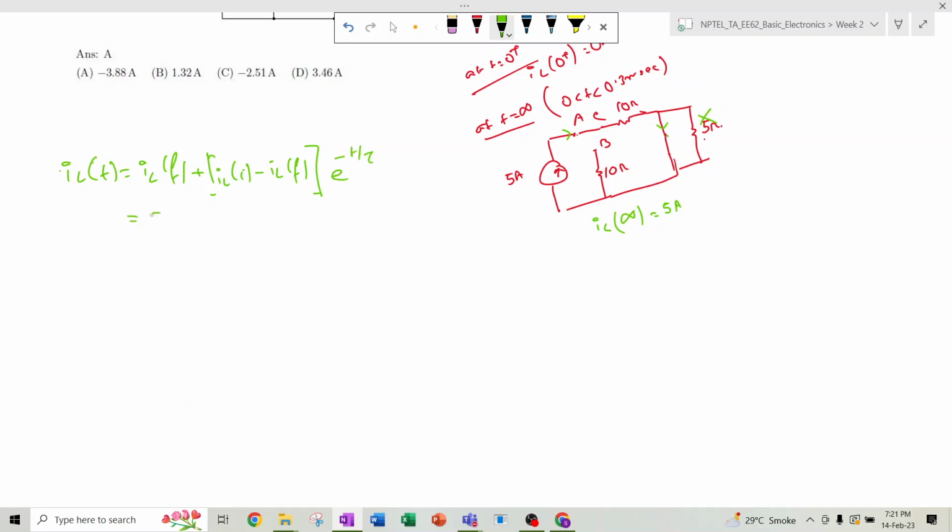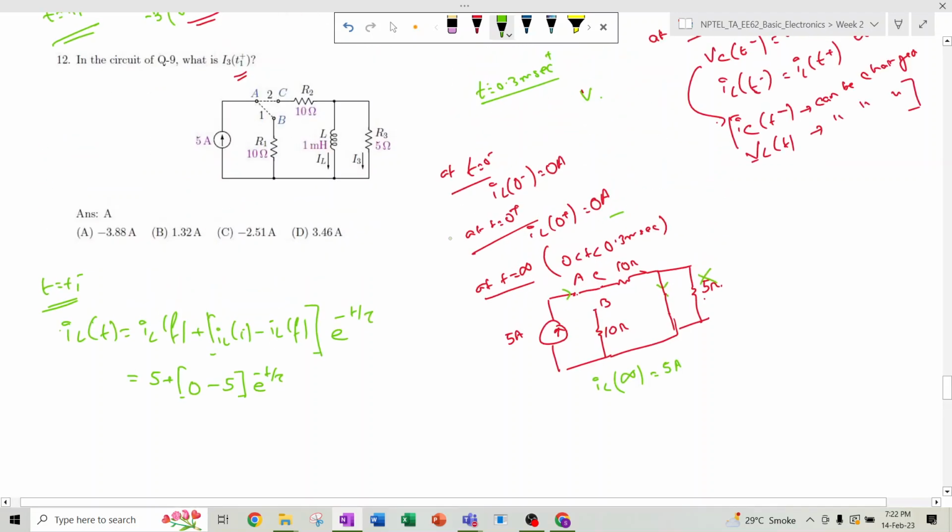Now the final value is 5, initial value is 0. So it is 0 minus 5 into e to the power minus t by tau. Remember, this is just before t1. Just before t1, this circuit is valid.